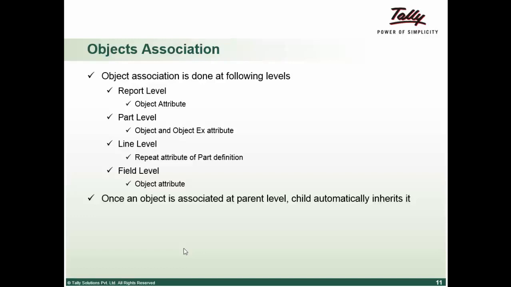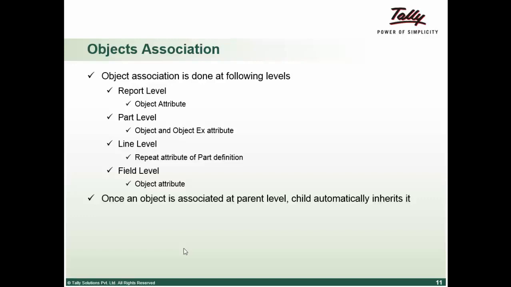Object EX attribute specification at the part definition provides the ease of using method formula syntax while specifying the object association. So we would be learning about method formula syntax also.